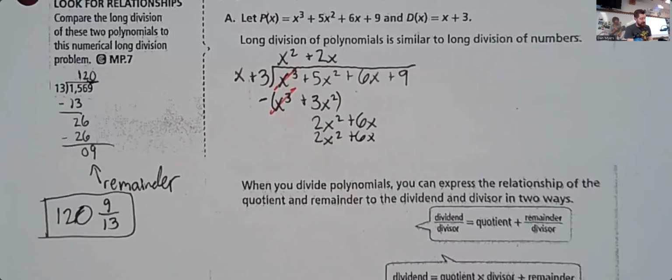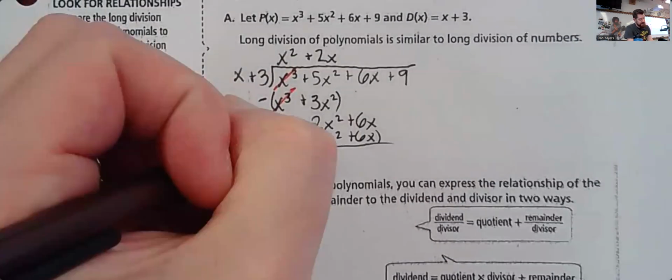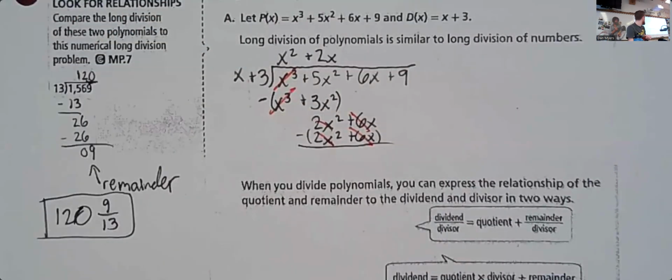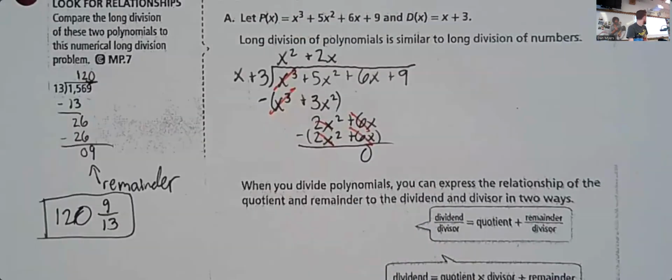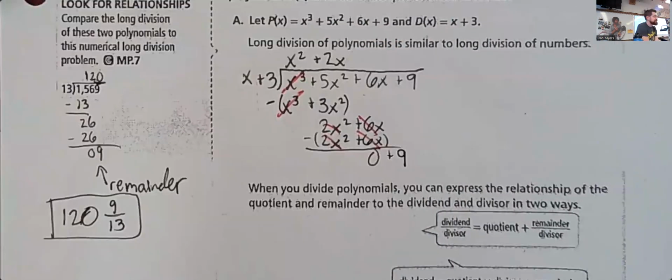And so what's going to end up happening on this one is when we subtract, the 2x squareds and the 6x's end up canceling out. So now we're left with 0 right there. And that means we then need to bring down the 9. So bring down plus 9.